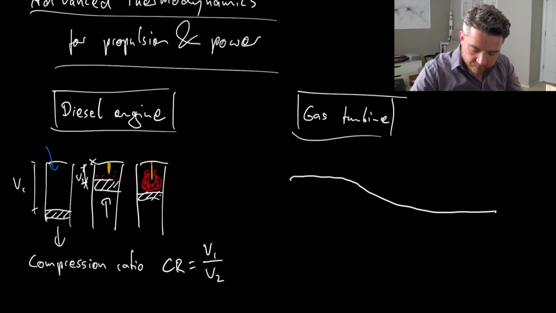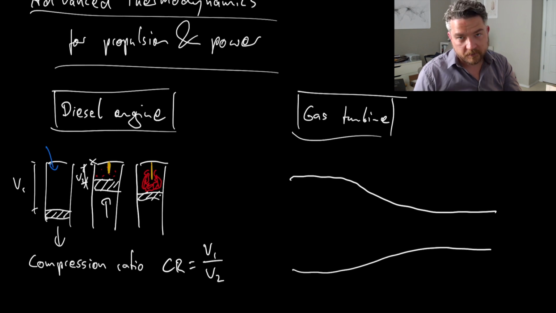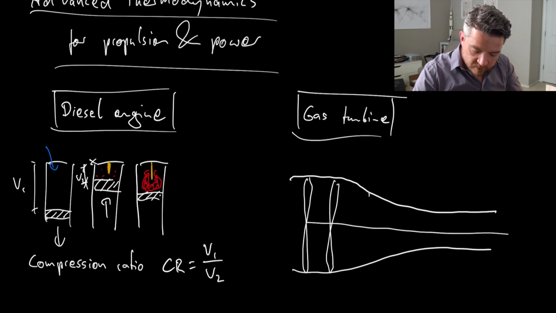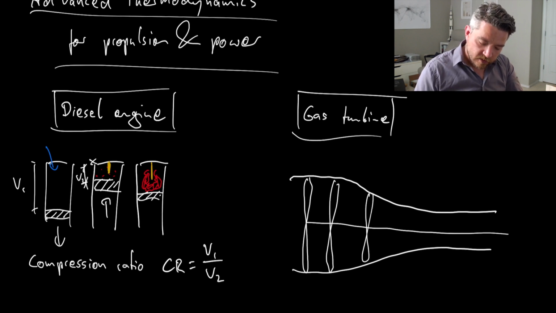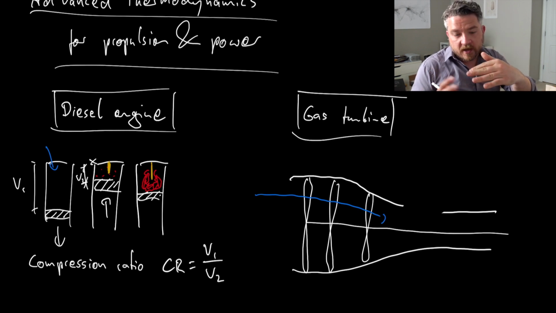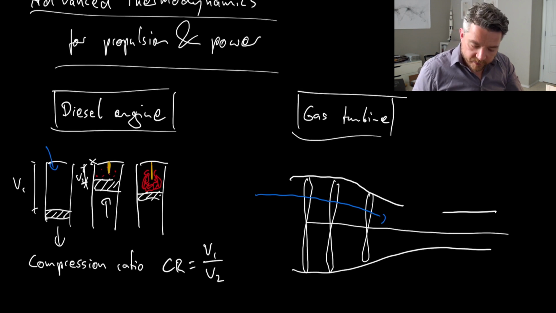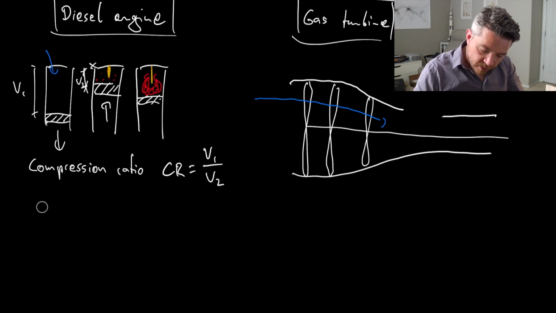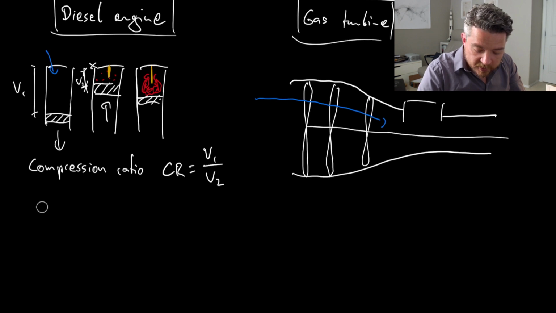And what we have then is typically something like that, where we have some compressor here in the front, or fan. The air goes in here. You see it narrows down, and that is a compression effect. Then we have that air go into a combustion chamber.